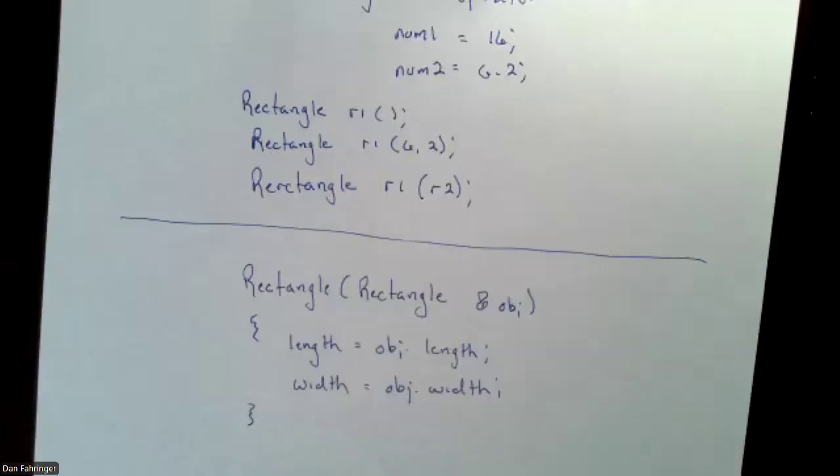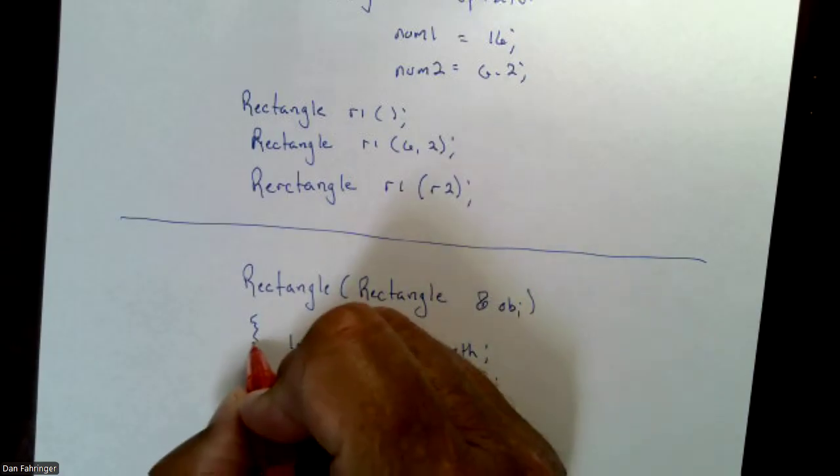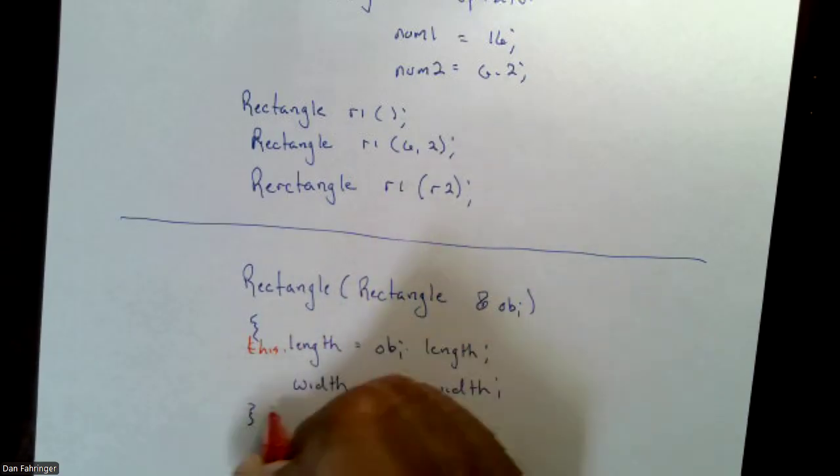What's one thing somebody may have put here that I didn't include, that used to be required back in the late 90s, early 2000s? What used to be required of us? We used to have to include this.